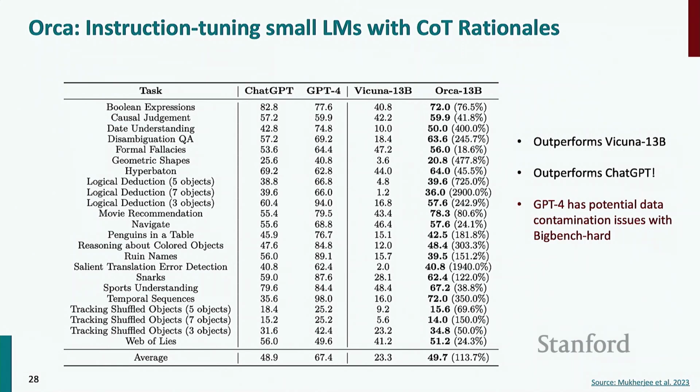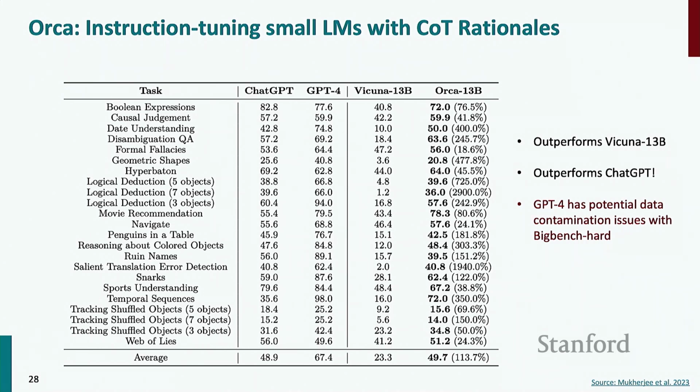And Orca is again a Llama 13B that's fine-tuned specifically on this explanation data, where you have instructions and then explanations from ChatGPT or GPT-4, and you fine-tune on that. We see that overall it outperforms ChatGPT, maybe because it's specialized to these reasoning problems, and it outperforms Vicuna, which was not trained on these really extensive explanations. So that's one way you can get a smaller language model to display some kind of reasoning behavior, okay?